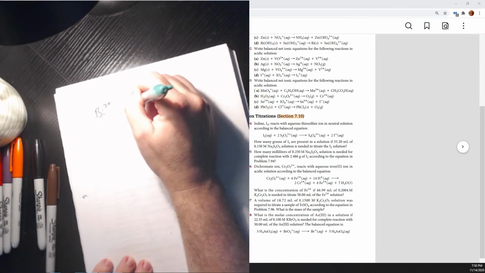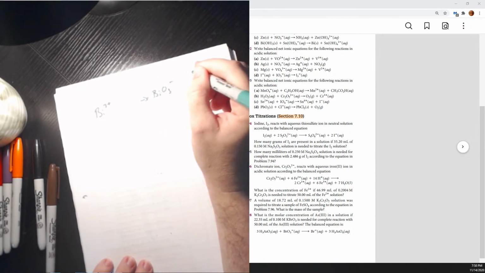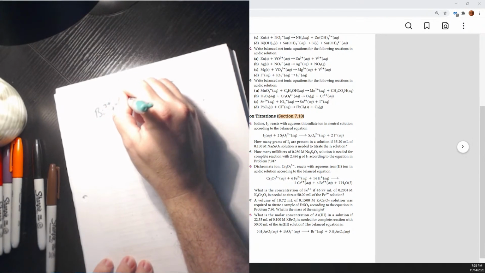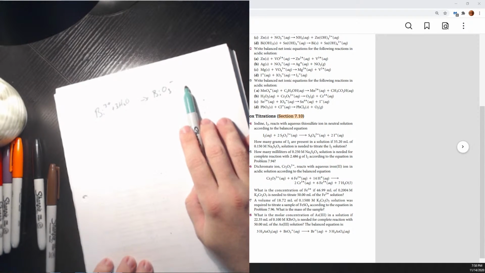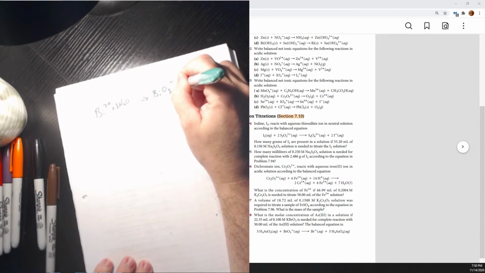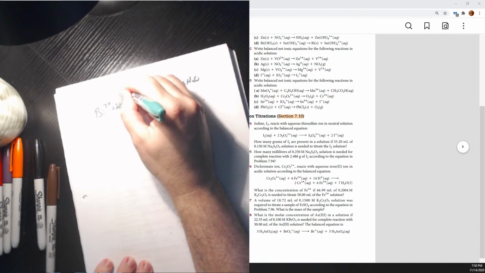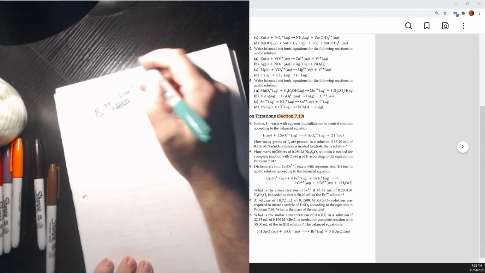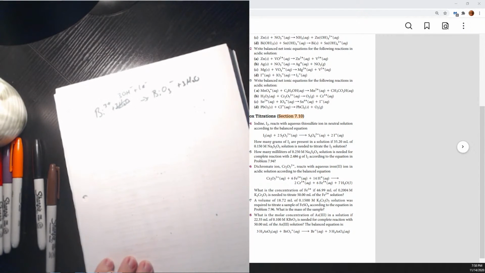Bismuth 3 plus goes to BiO3 1 minus. So we'll have 3 water. Now we would add 6 hydrogens over here. Instead, we're going to have 3 H2O. Those 3 H2O go away. We'll end up with 3 OH minus over here. 0 and minus 1, we need 1 electron. That seems wrong.